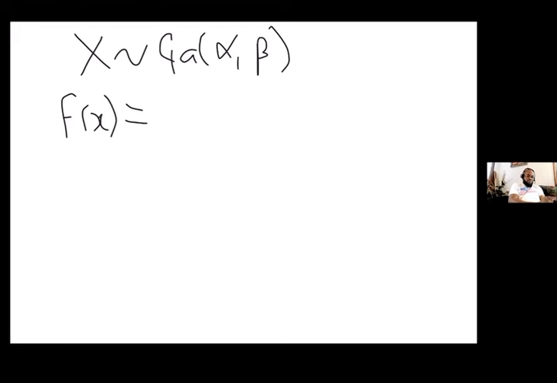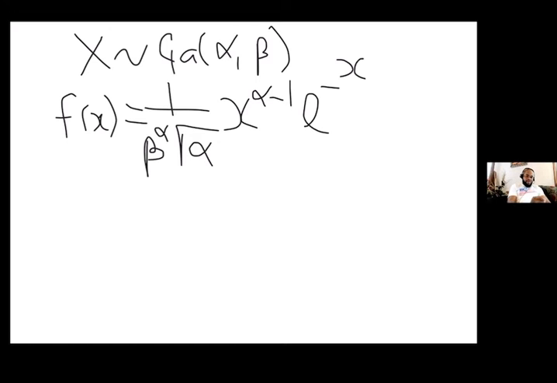You have x follows gamma with parameters alpha and beta, where f of x equals 1 over beta raised to power alpha gamma alpha, x raised to power alpha minus 1, exponential raised to power minus x over beta. If you take a look at the gamma distribution that we wrote the other time, that is our gamma distribution, right?